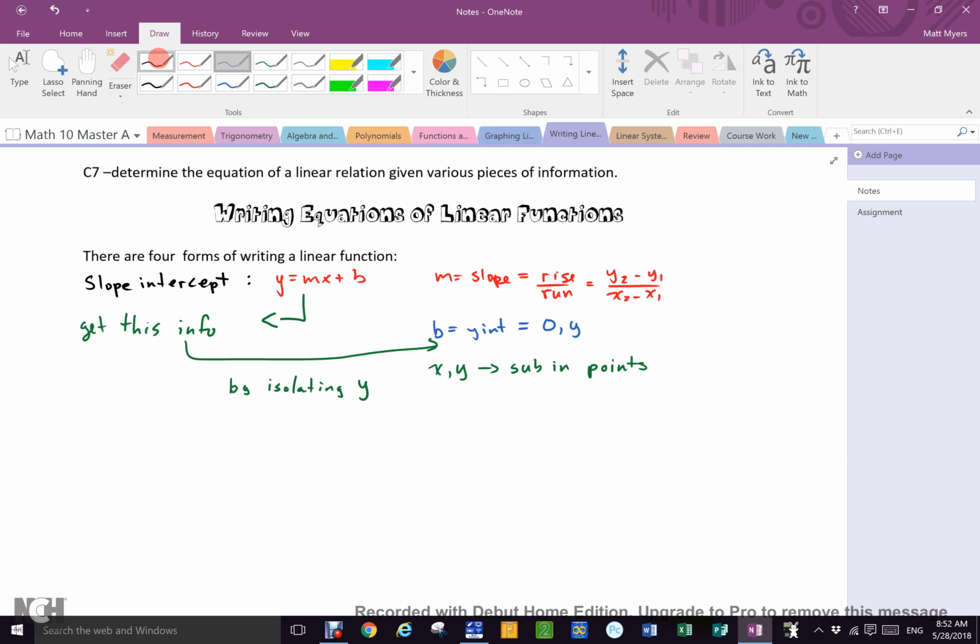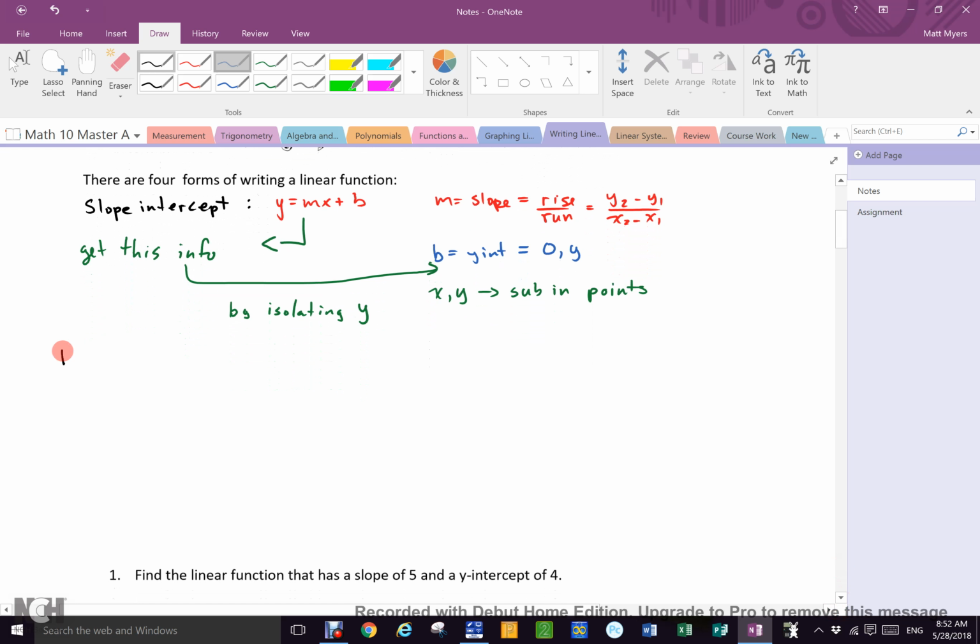What's the next form that we know? We know point slope, or slope point, depending on who wrote the test. What does it look like? Y minus y1 equals m bracket x minus x1. Excellent. What do I know about that? Well, I know the same stuff about m.